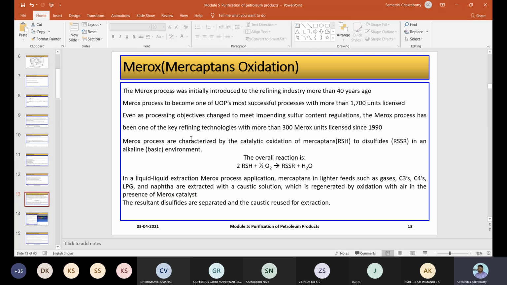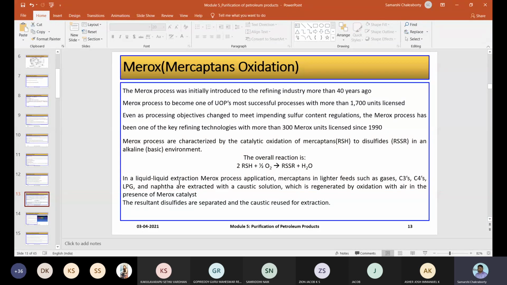Merox processes are characterized by catalytic oxidation of mercaptans. Your mercaptan will get converted into disulfide in an alkaline, basic environment. RSH, which is none other than mercaptan, gets oxidized, forming disulfide, RSSR, plus water.